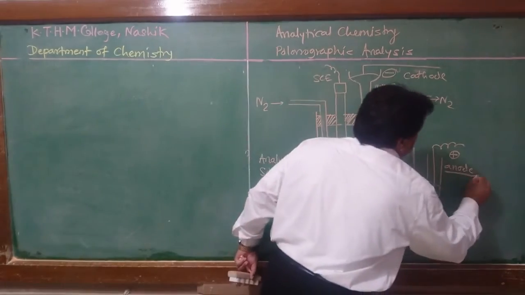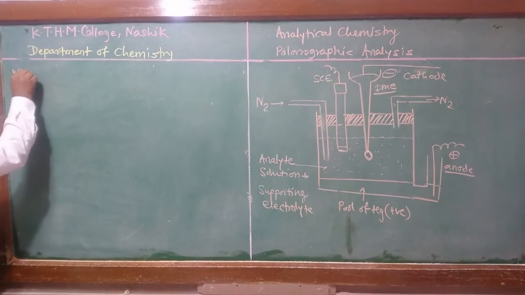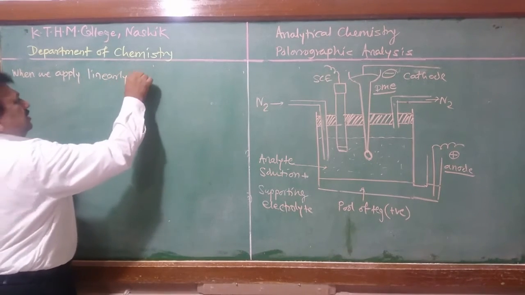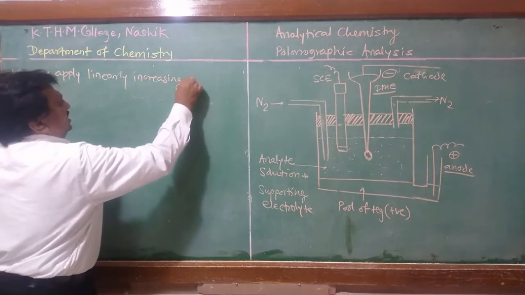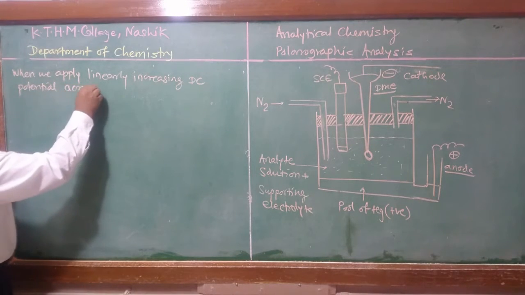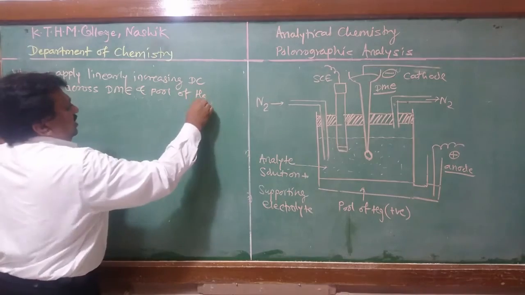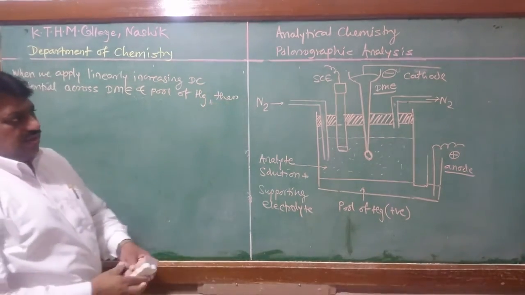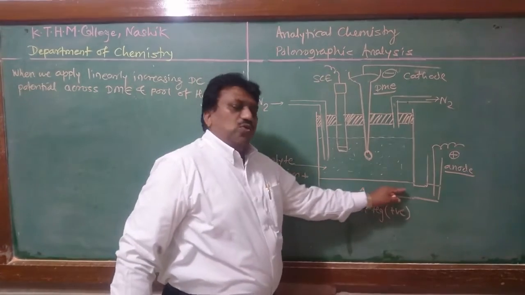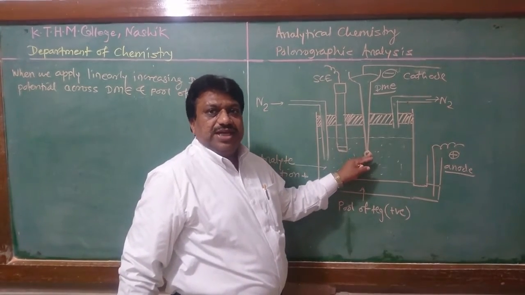When we apply a linearly increasing DC potential across the DME and the pool of Hg, note that the surface area of the pool of mercury is very high compared to the surface area of the mercury drop generated on the tip of the dropping mercury electrode.